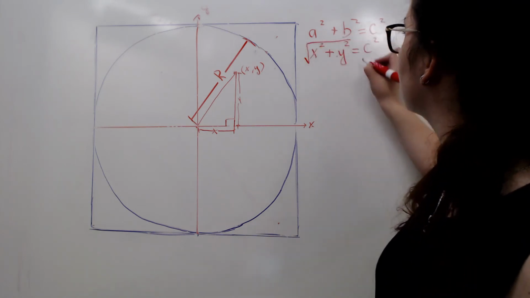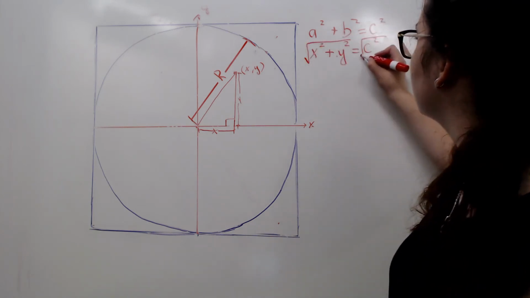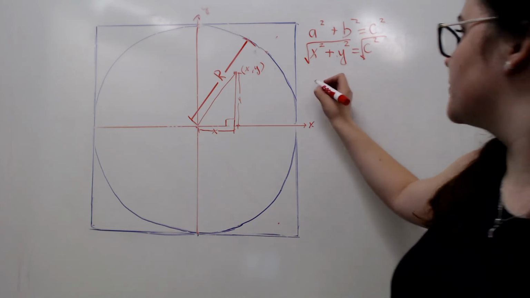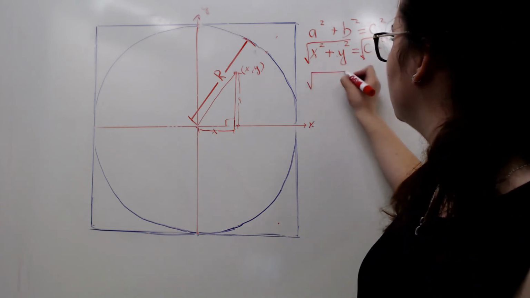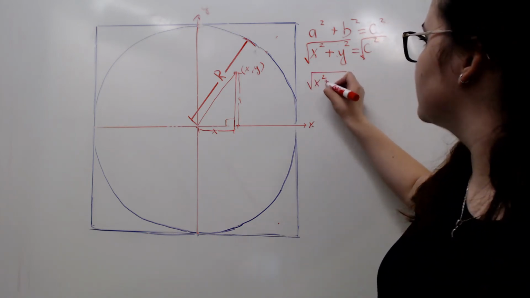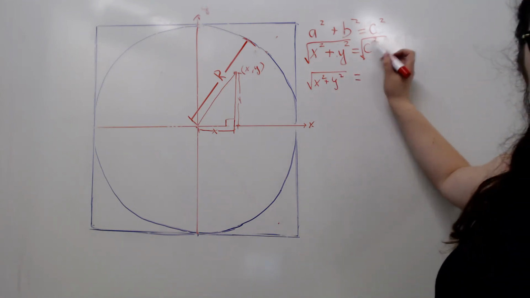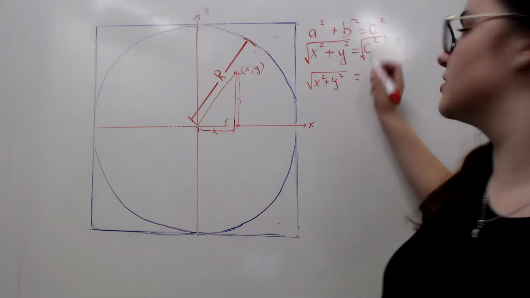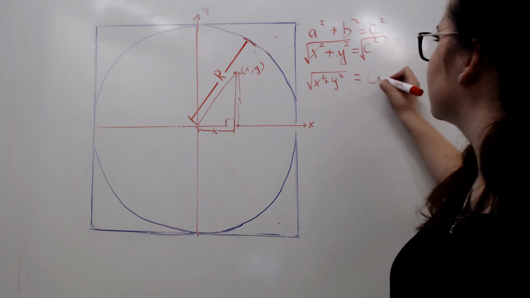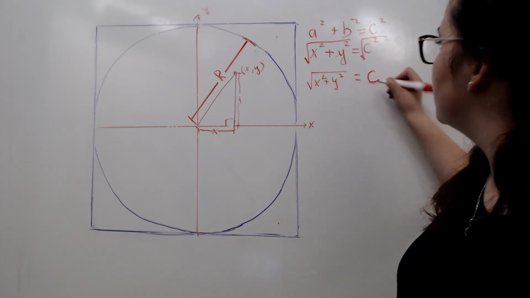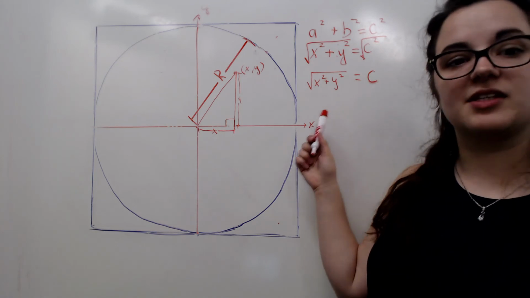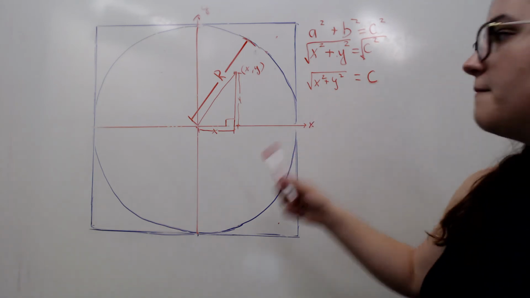So we have the square root and the square root. Let's keep the left side the same, x squared plus y squared. And here the square root of c squared gets cancelled with the square, so we just get c. So now we have our distance expressed in terms of x and y.